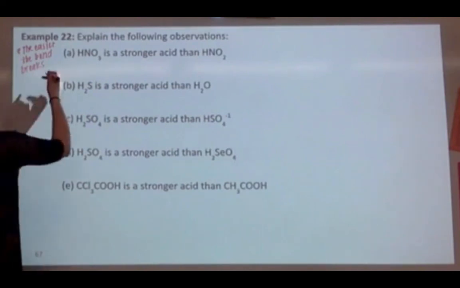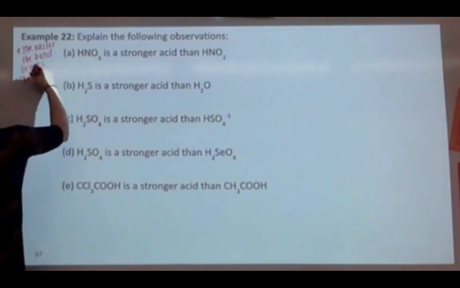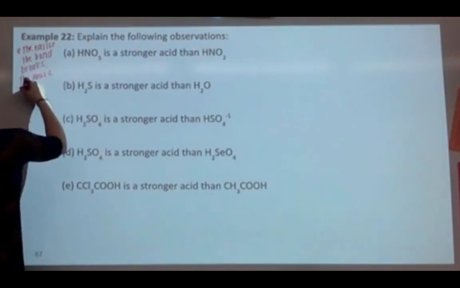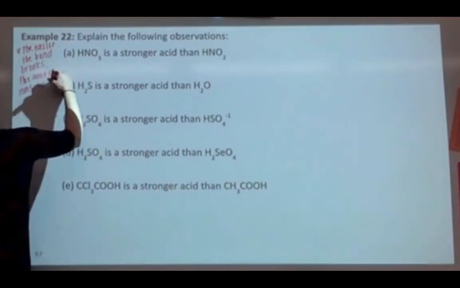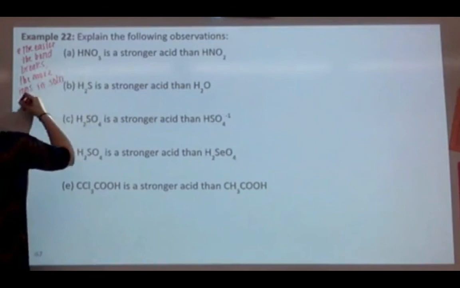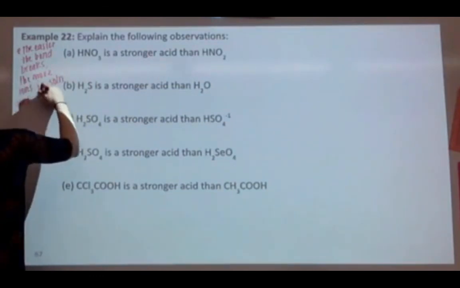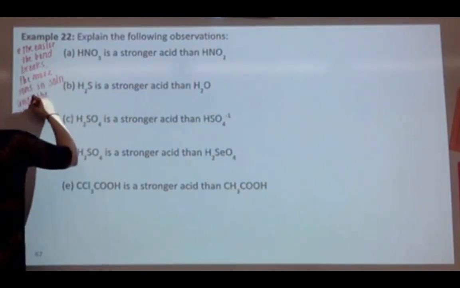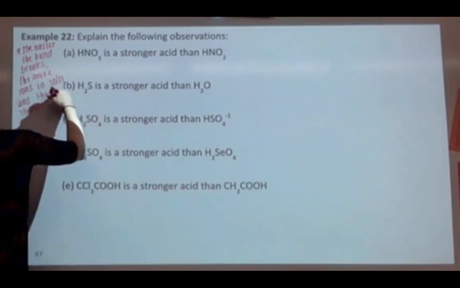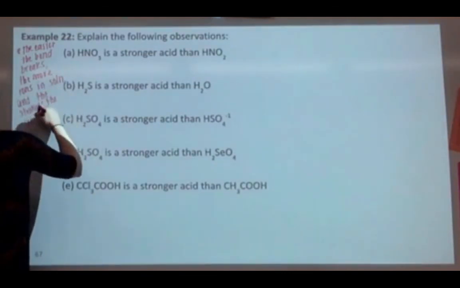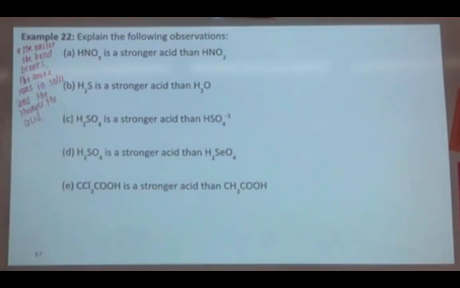So the easier the bond breaks, the more ions in solution, and the stronger the acid. So when we're looking at explaining, we need to keep in mind that the easier the bond breaks, the more ions that exist in solution and the stronger the acid.